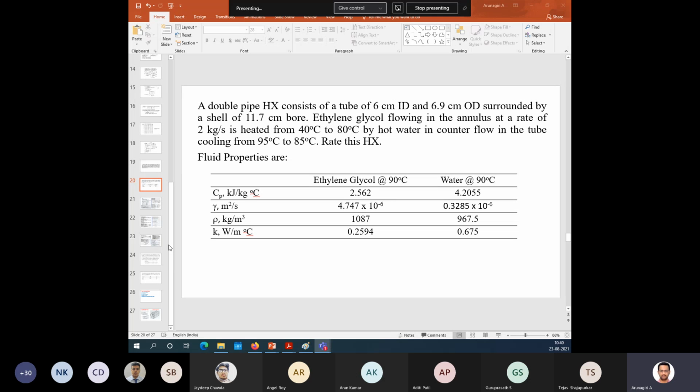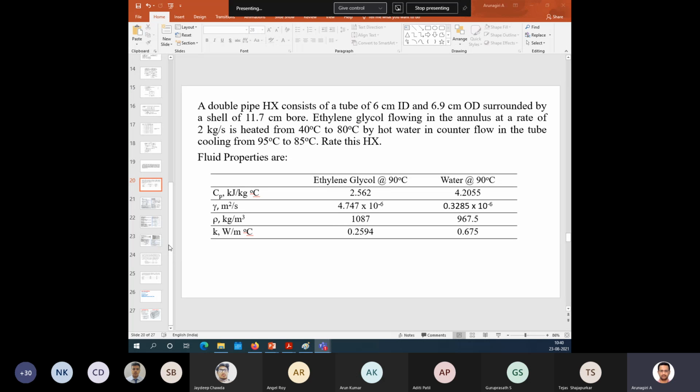Once we identify the heating fluid and cooling medium, then we can allocate the fluid, whether shell side or tube side. Then for this combination of process fluid and heating or cooling medium, we have to fix the trial value of the overall heat transfer coefficient.